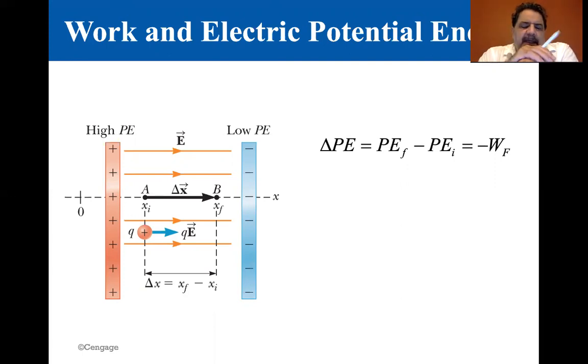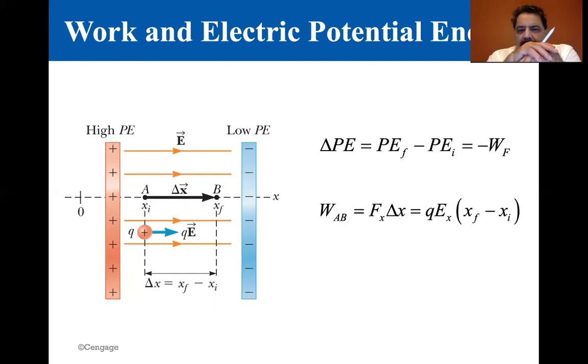If we were to put a positive charge at point A, there is energy to push it to the right, at least to position B, and work is done to move that charge from A to B. The change in potential energy is PE final minus PE initial equals minus work.